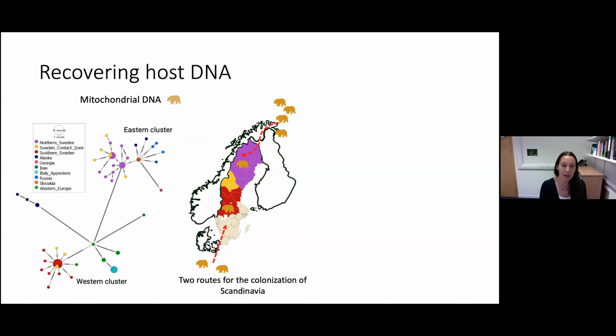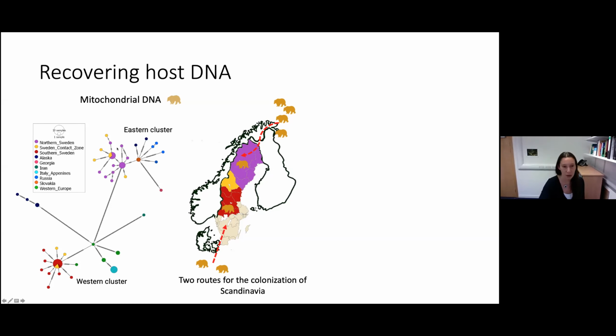Using reads from the dental calculus, we're able to reconstruct mitochondrial genomes of the bear specimens that we worked with, and show that those specimens collected in the north clustered with the eastern cluster that also contains Russian or Siberian brown bears, whereas those individuals collected in the south clustered with the Western European cluster containing brown bears from Western Europe, and individuals collected in the middle belong to either one or the other. So this is the contact zone.